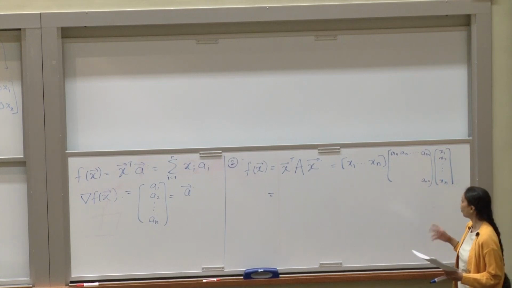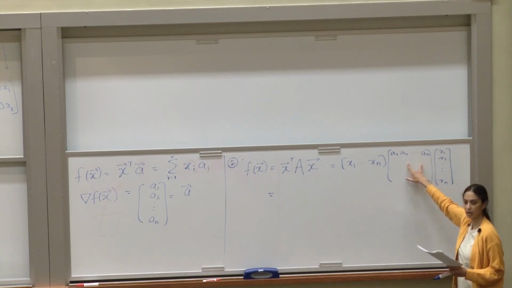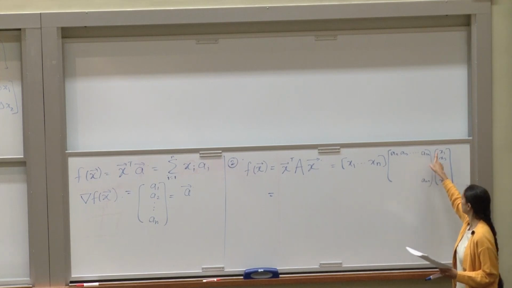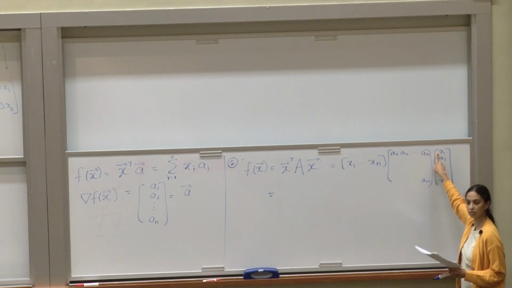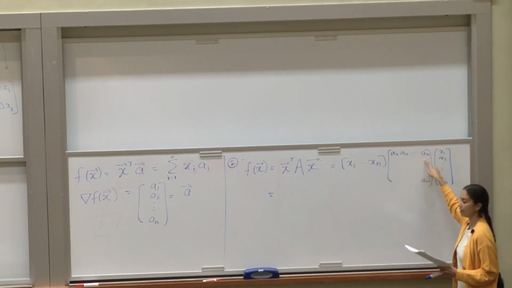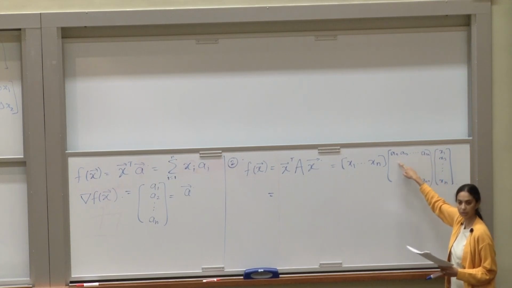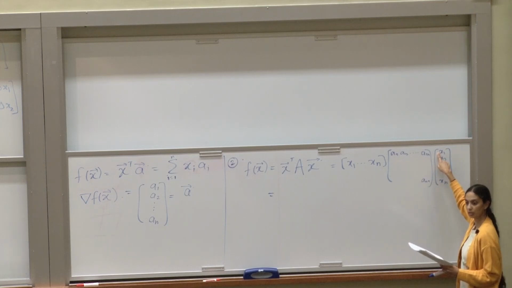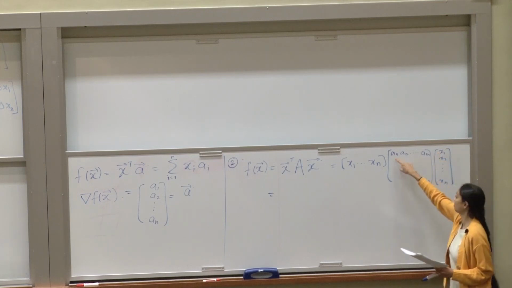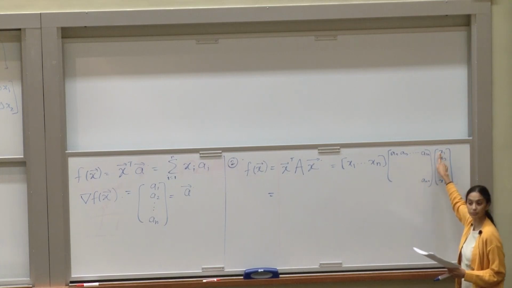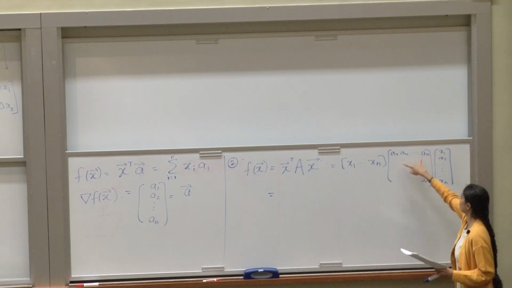So what are the entries of A that are going to multiply x1? Everyone here is going to multiply this x1. Sorry, the first column is going to multiply x1. Right? The first row times this, second row times this.